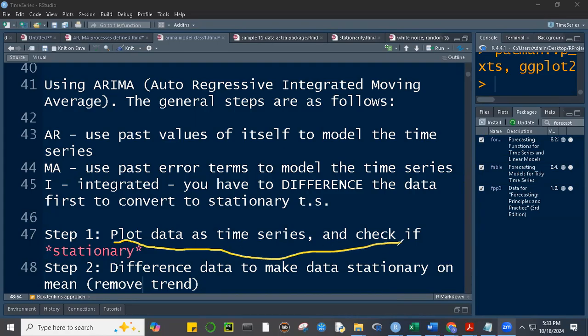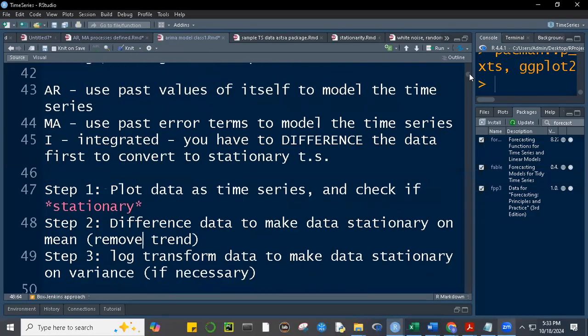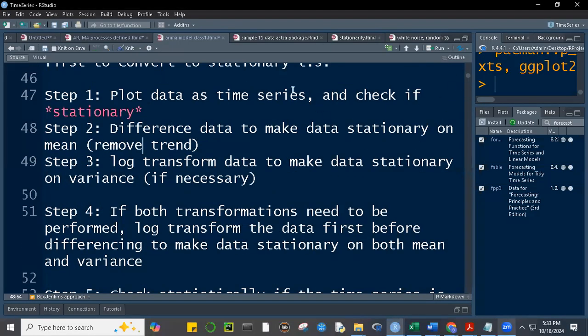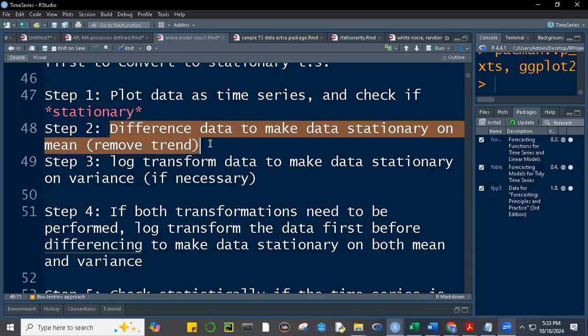Now, sabi natin, anong gagawin? Plot mo siyempre muna. Is it stationary? First step talaga yan. Kailangan makita natin visually using plot kung stationary yung time series natin. Then next, kung hindi stationary, then we have to do some transformation. Anong unang gagawin? If there's a trend, class, i-difference natin.